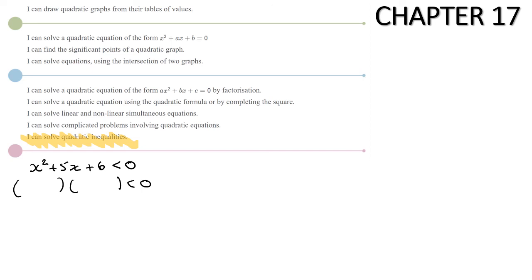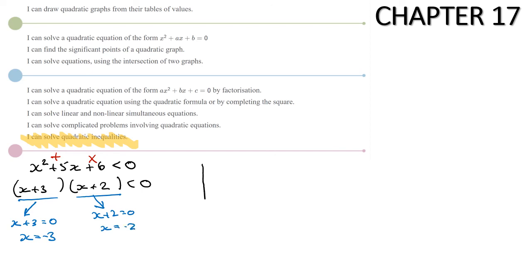So find two numbers that multiply to give 6 and add to give 5. So those two numbers are 3 and 2. So I'd have (x plus 3)(x plus 2). I'd find the solutions from there. So x plus 3 equals 0, means that x is negative 3. I'll do the same here. x plus 2 equals 0. That means x is negative 2.